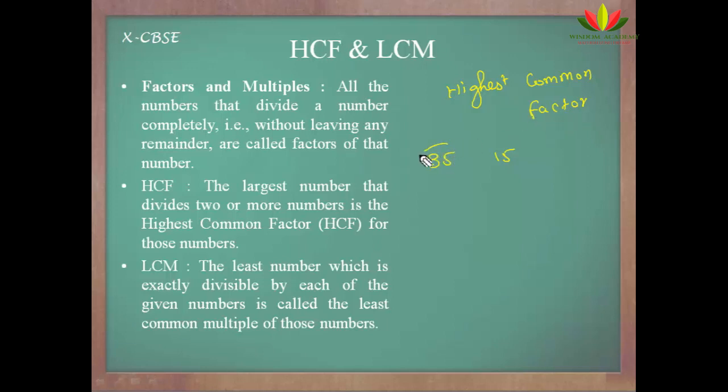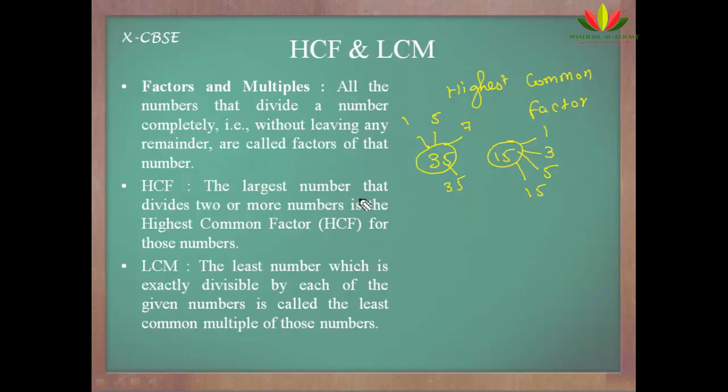So I write 35's factors separately and 15's factors separately. The factors of 35: 1 will be a factor for everything, and 5, 7, then 35. For 15, the factors are 1, 3, 5, 15. These are the factors.